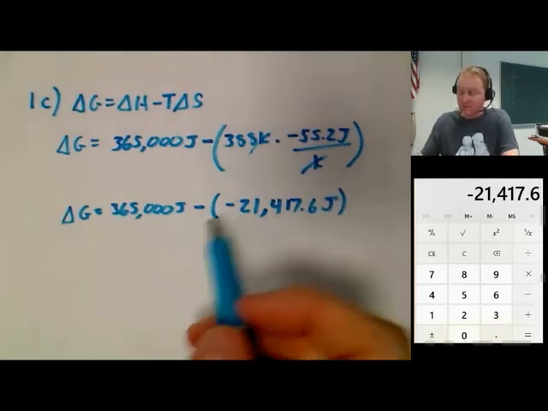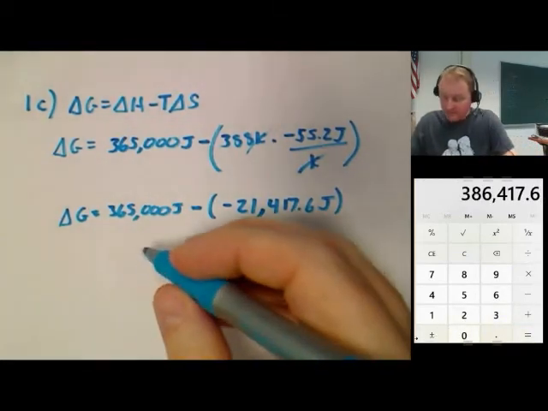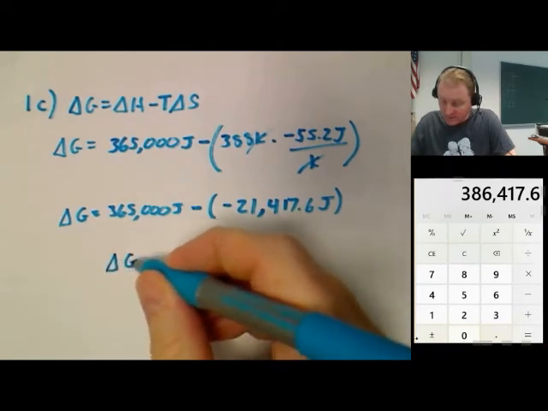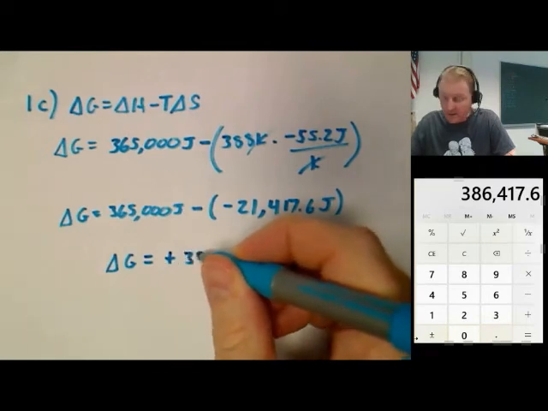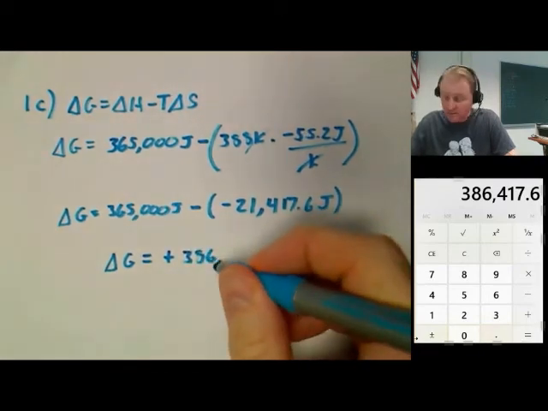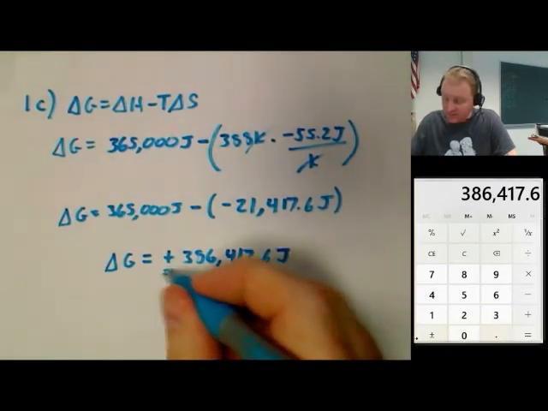Subtract those two. Remember, subtracting a negative, so that's 365,000 minus, so subtracting a negative, it should get bigger because that's like adding 21,417.6, which is negative, equals. So I have a change in free energy of positive 386,417.6 joules because it's positive.